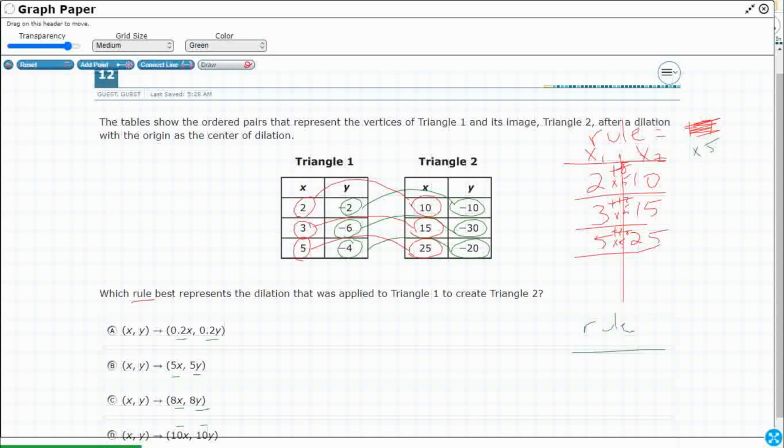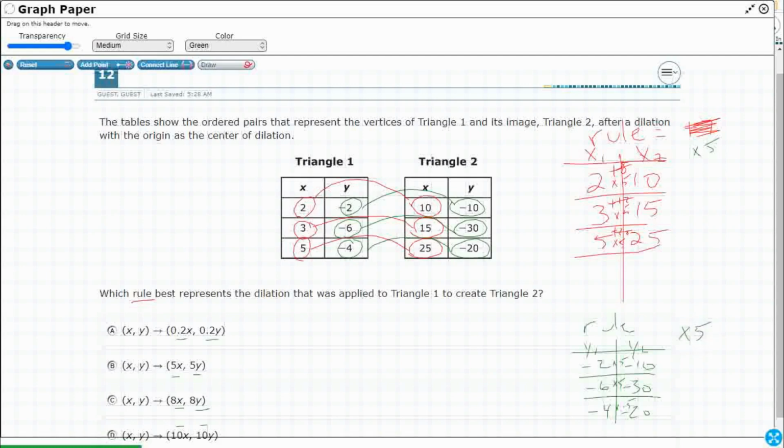If we get the two different y's, y sub 1, y sub 2, that's going to be negative 2, negative 10, negative 6, negative 30, negative 4, negative 20. Multiply by 5. Yep, that works. So that definitely works for all of those. So my rule is going to be multiply by 5.